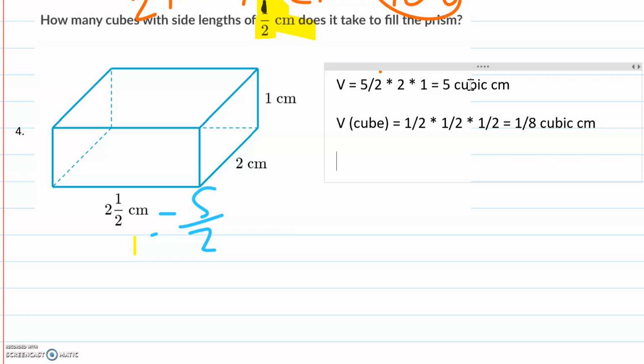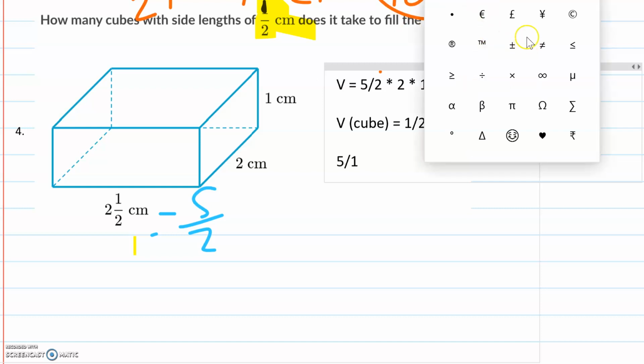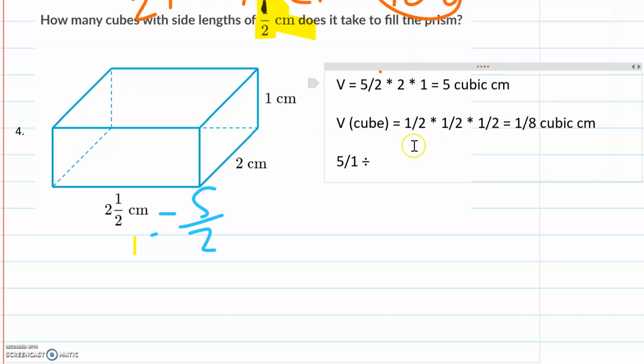So then I'm going to take and divide the volume of the rectangular prism by the volume of the cubes, which is 1/8. And if I use my keep change flip, I'm going to do 5/1 now times 8/1, or 5 times 8, which means 40 cubes would fit into that rectangular prism.